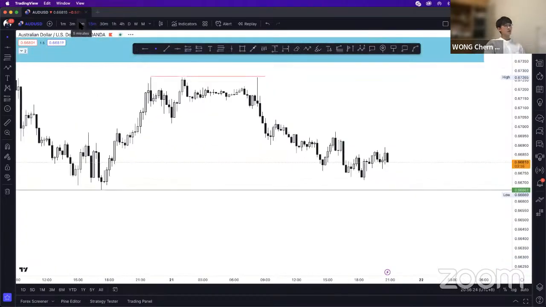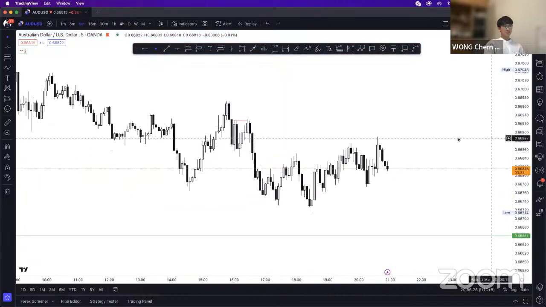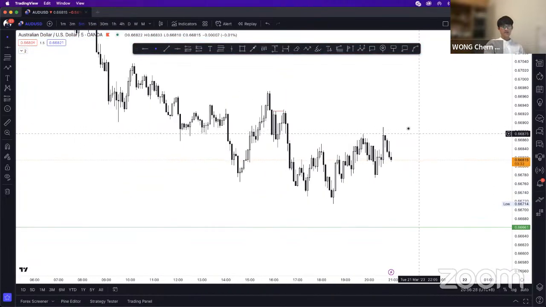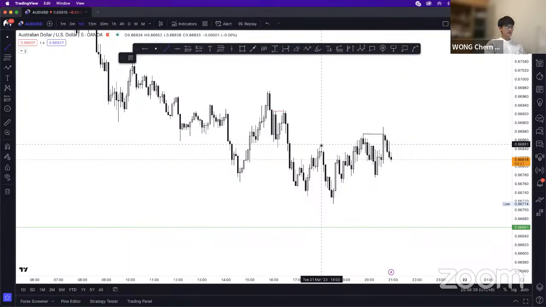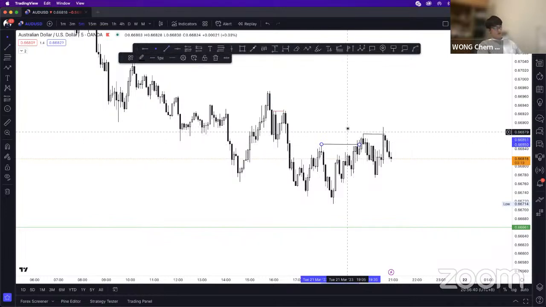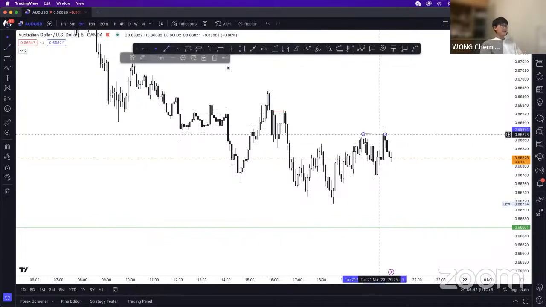If we go down to the low time frame to look for a trade setup, we notice that price cleared this high over here, and a second high over here, cleared both of those highs.